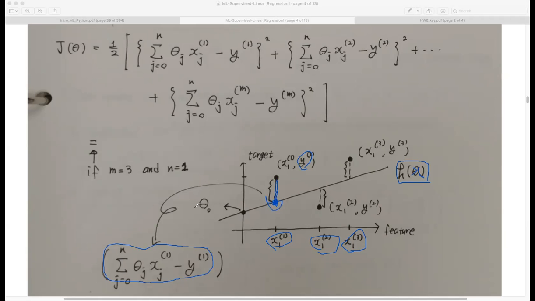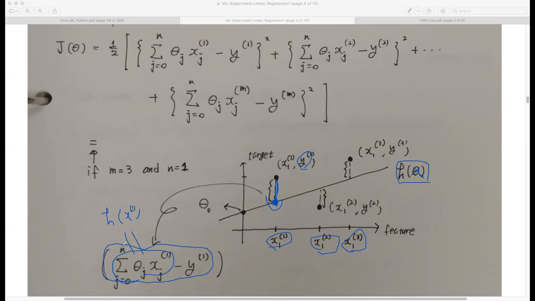It's a typo, I'm sorry. So now the sigma theta sub j x sub j super 1, that is h of x super 1. I know in this example j goes 0 through just 1.